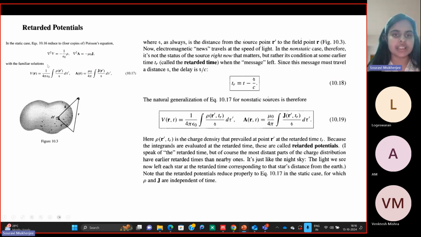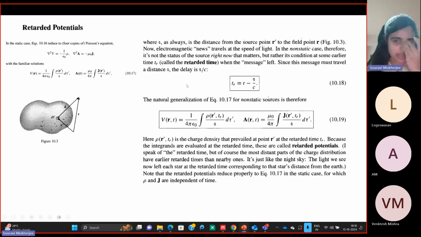So that's why we have this retarded time, which takes care of the propagation time required for the electromagnetic wave to propagate. If a certain change happens here, it takes a finite time, which in free space would be r by the speed of light, for the information of this change to actually reach your field point.